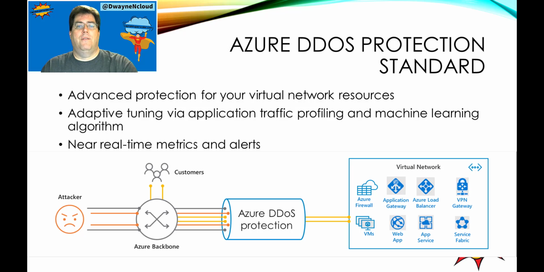But if you want to have more advanced protection and have more adaptive tuning within your environment and get more information out of that as well in terms of within your own monitoring environment, within your own SIEM environment, you can upgrade to the standard protection as well and have a little bit higher level of protection outside just the basic protection that everybody gets.